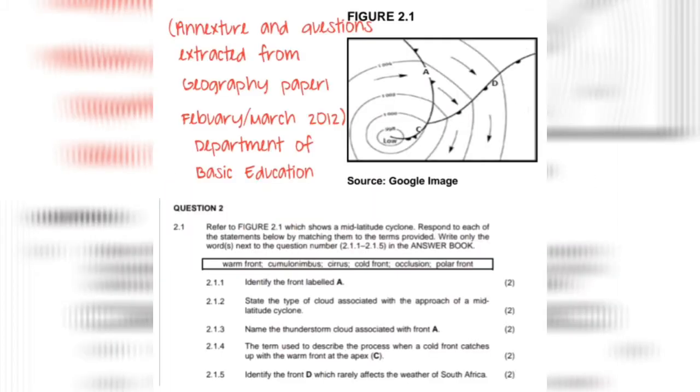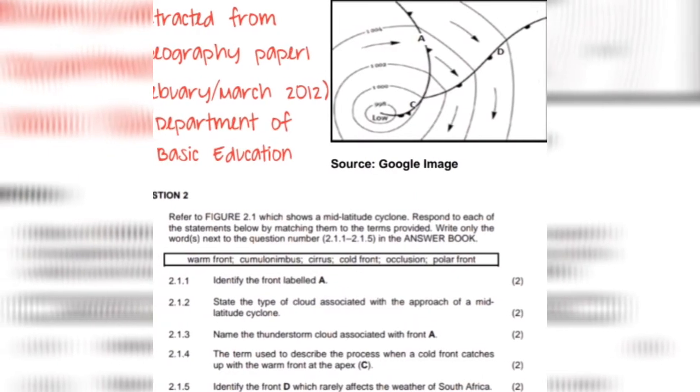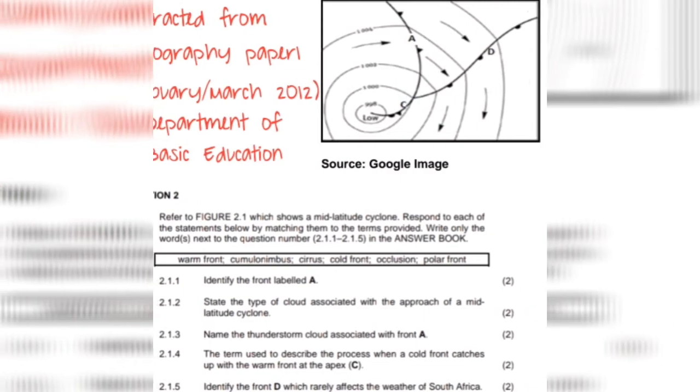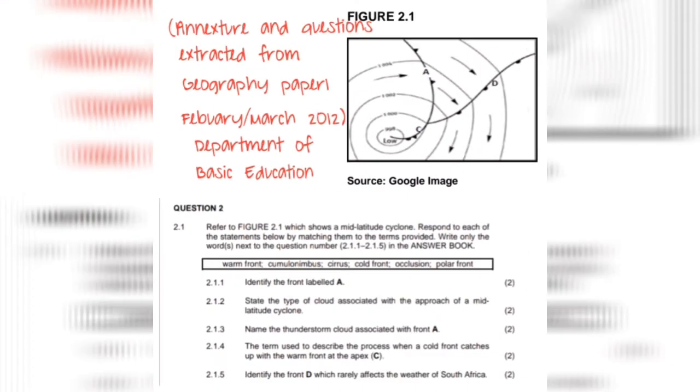We are looking at the question paper of February-March 2012. In this video, we are going to discuss 2.1.1. Question 2.1 says, refer to Figure 2.1, which shows a mid-latitude cyclone.